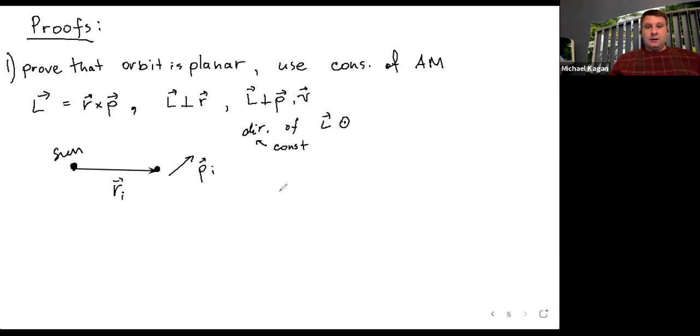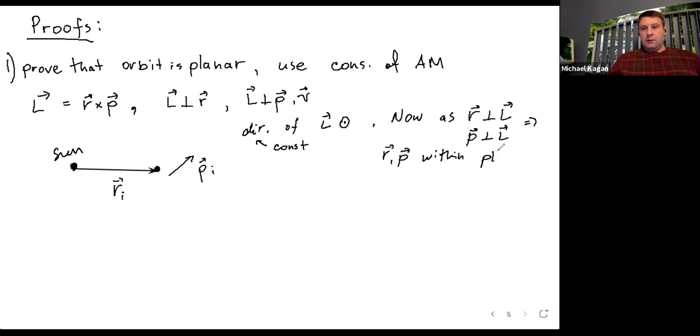That means that R and P have to stay perpendicular to L, right? So now, as R has to be perpendicular to L and P has to be perpendicular to L, both of them are within the plane.